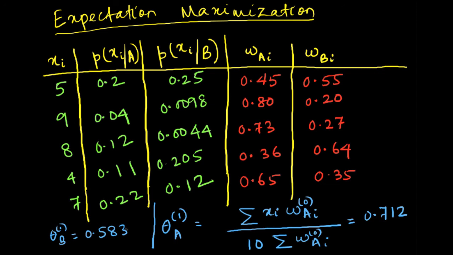And as I mentioned at the beginning of the video, this algorithm is primarily used when the data observability is limited. So in this case, for example, we had the values for x, but we did not know which coin each of those x corresponded to. And this is classically the problem of unsupervised machine learning.